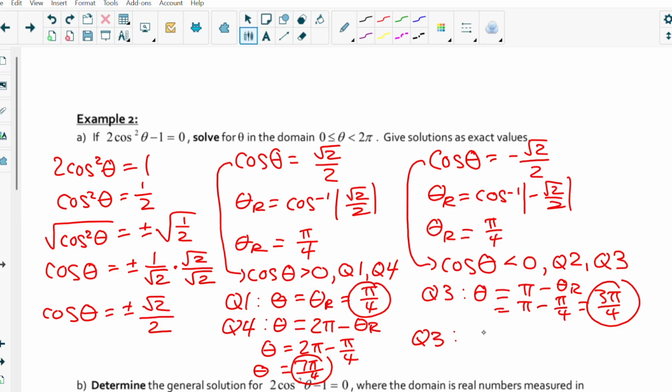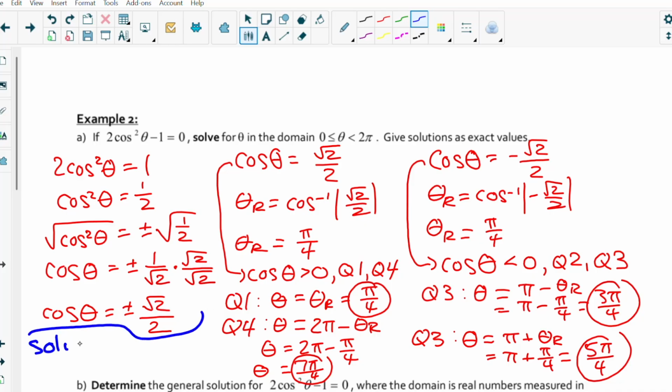And then quadrant 3, sorry about that, quadrant 3, my angle in standard position equals pi plus my reference angle. So that equals pi plus pi over 4, and that equals 5 pi over 4.